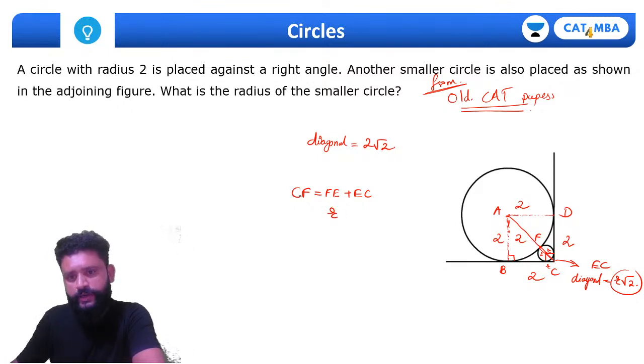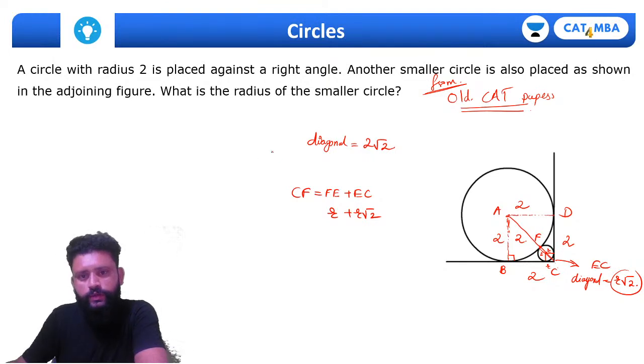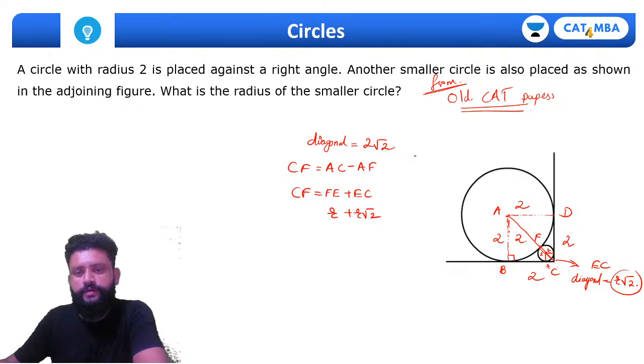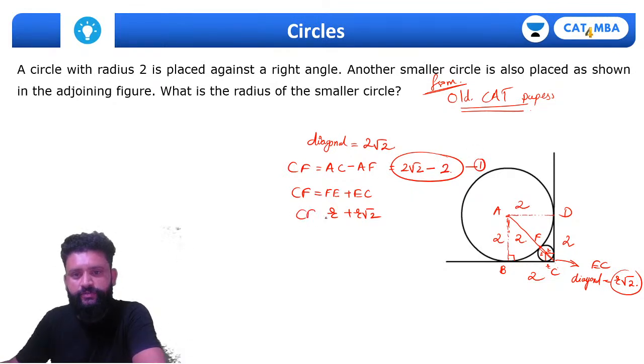So the value of CF is r plus r root 2, you can say it like this, and that same CF I can also write as AC minus AF, right, and AC is 2 root 2 minus AF is 2. So these are the two values, this is CF equation 1 and this is also CF, that is equation 2, and now you will get r plus r root 2 must be equal to 2 root 2 minus 2.